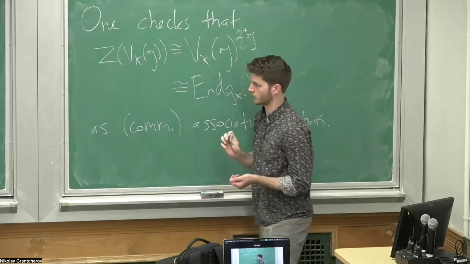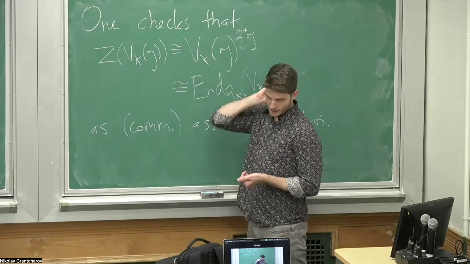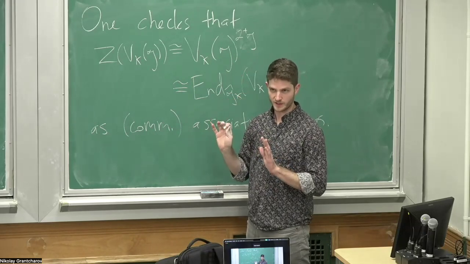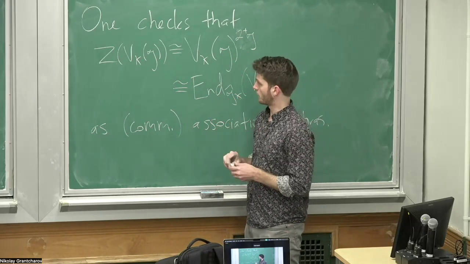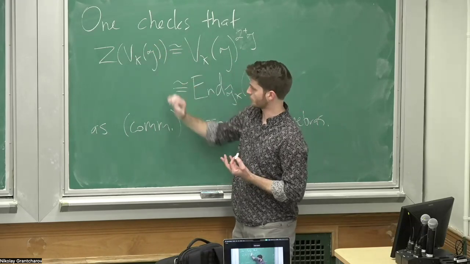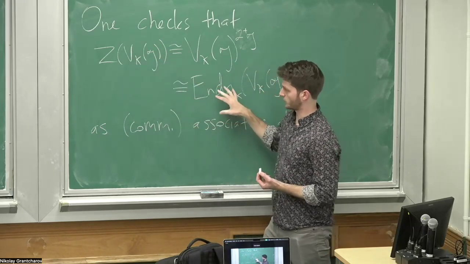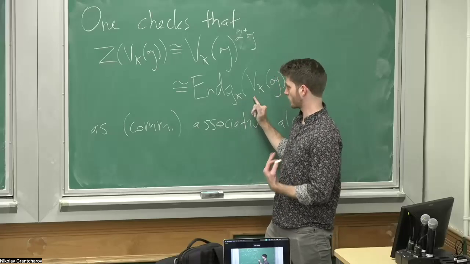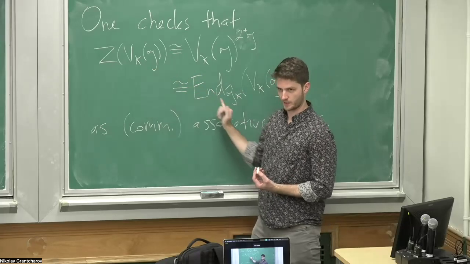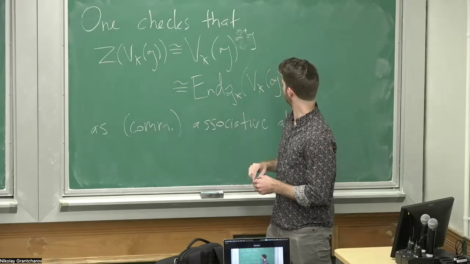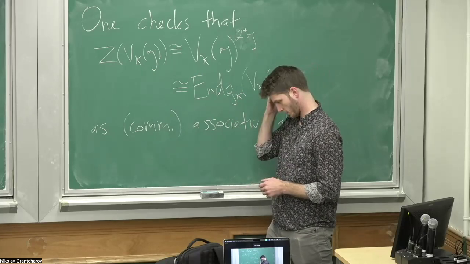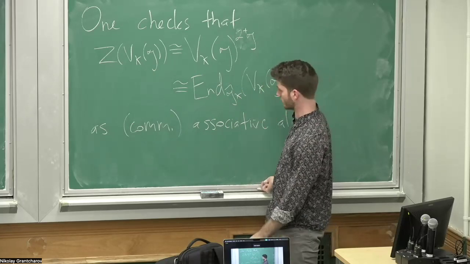If I have a commutative vertex algebra, as previously discussed, that defines a commutative algebra structure in the usual sense. This is an associative algebra by virtue of being endomorphisms of something. It's not at all obvious that it's commutative, but that turns out to be the case after the fact.